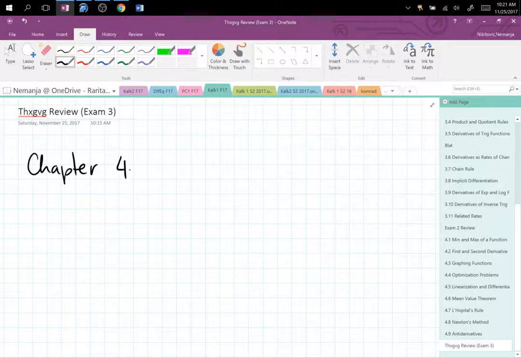But what I really want to say is chapter 3 as well, because all of the techniques for differentiating are in chapter 3. Chapter 4 is application of derivatives.